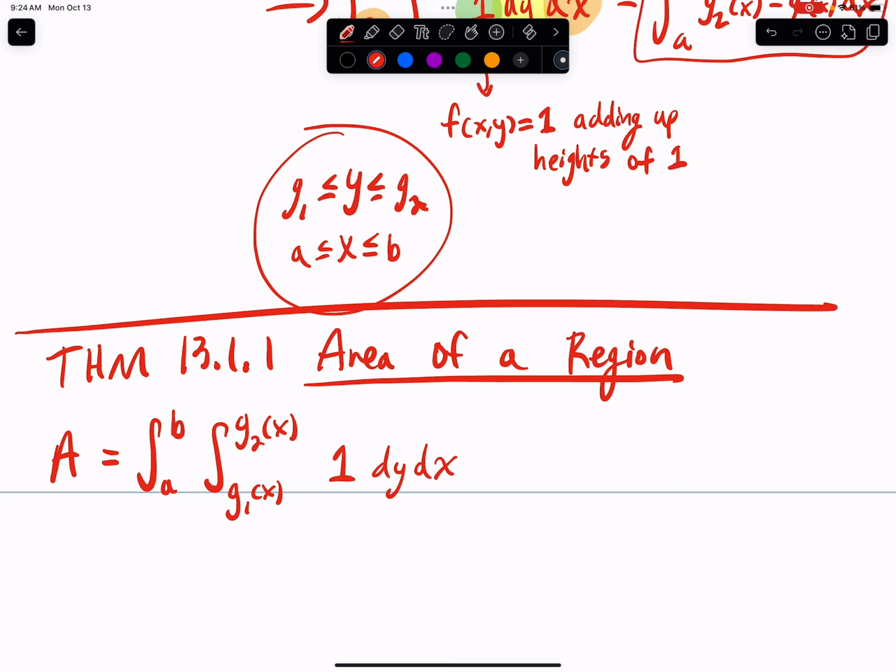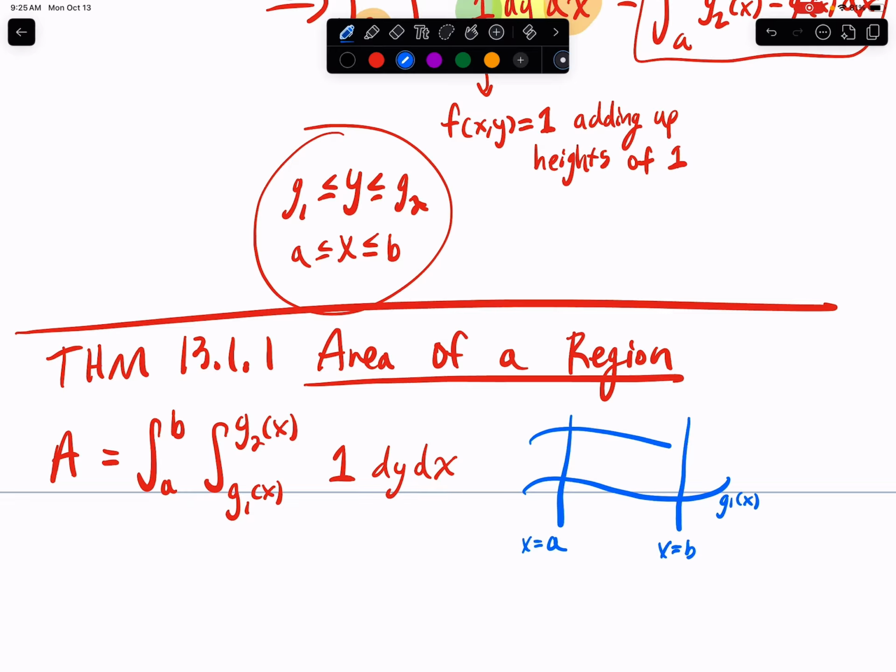So what does that look like? In this scenario, we have x equal a to x equal b, g1, g2. So the area here, to get this area, is that iterated integral right there.